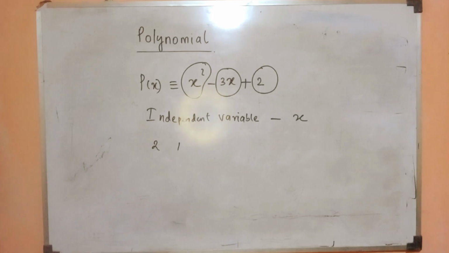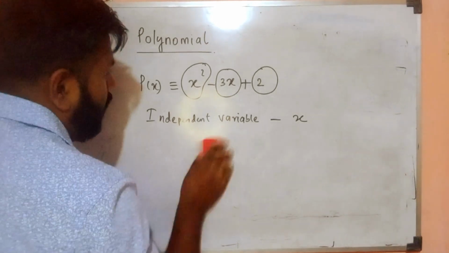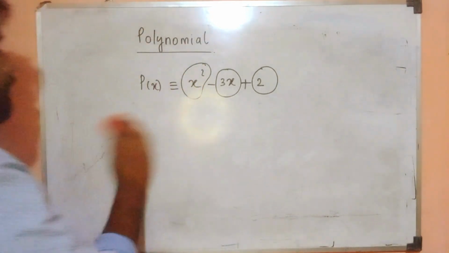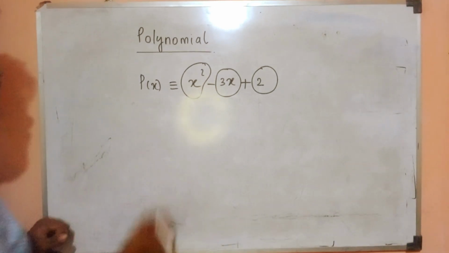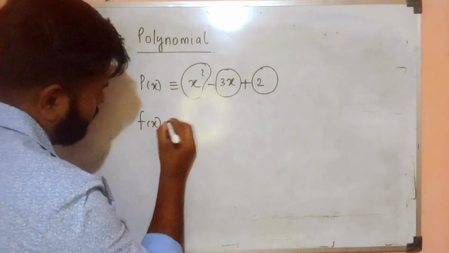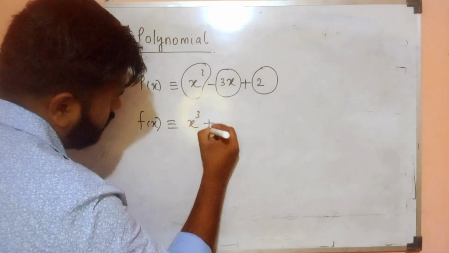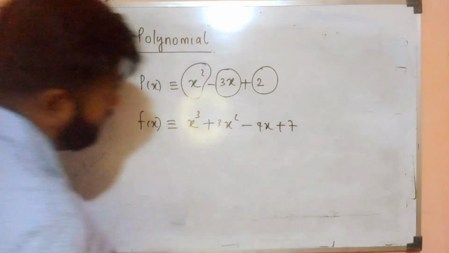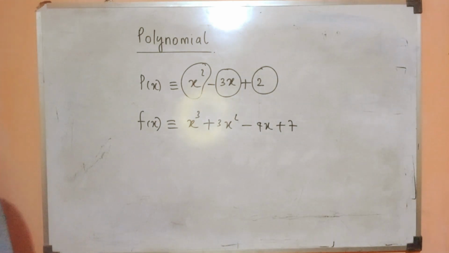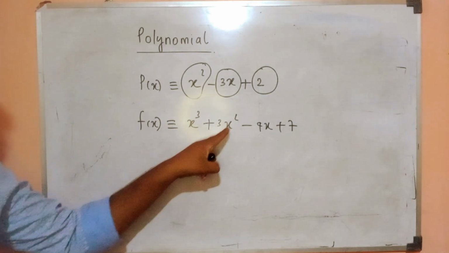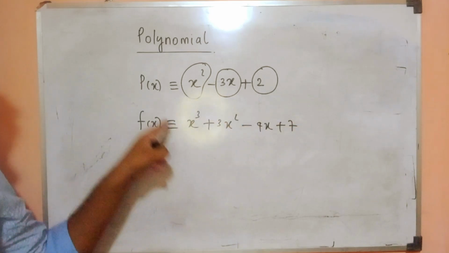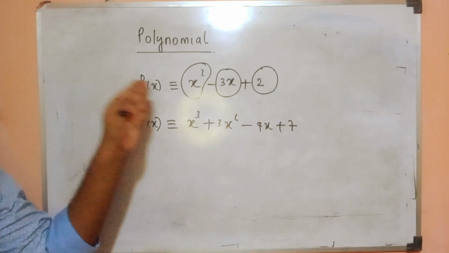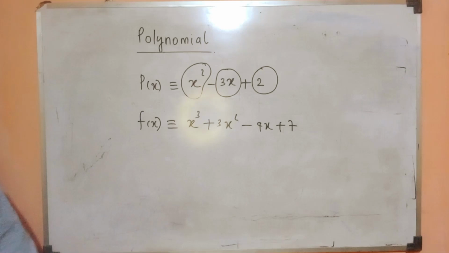Let's see some more examples of polynomials. What about this? x cubed plus 3x squared minus 4x plus 7. Is it a polynomial? Look at the terms. See what the exponents of the variable are.